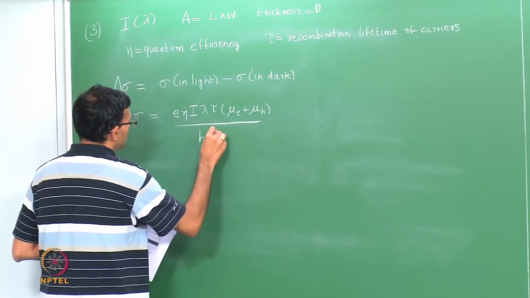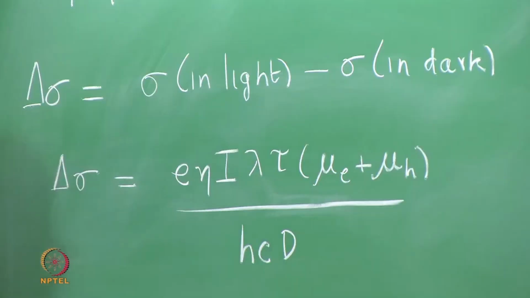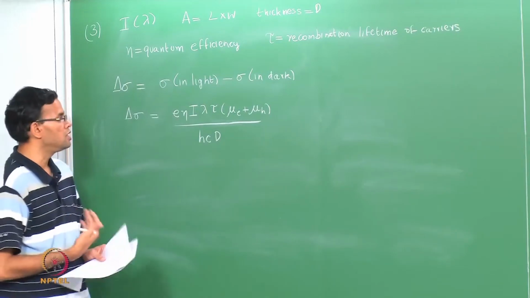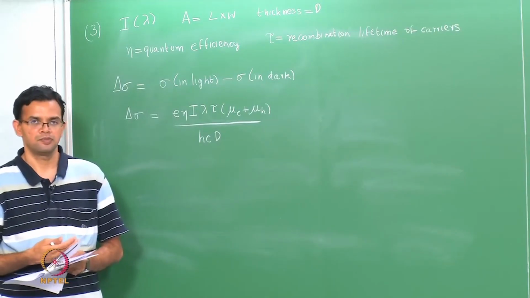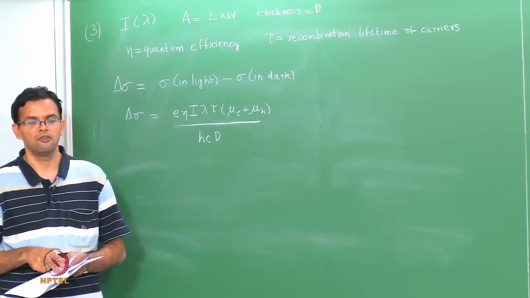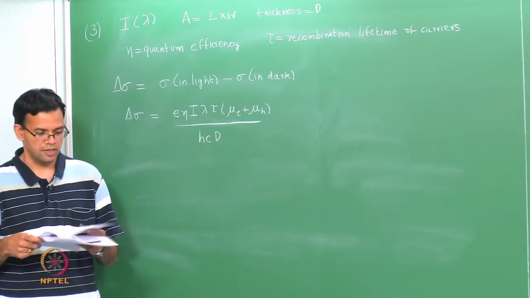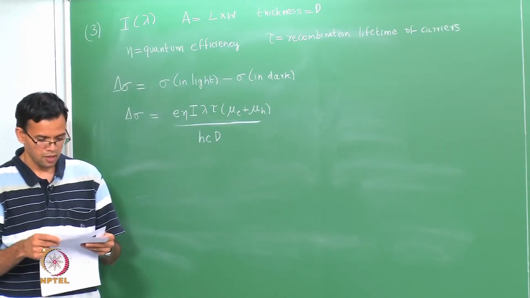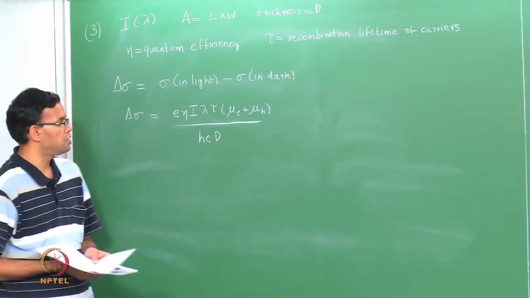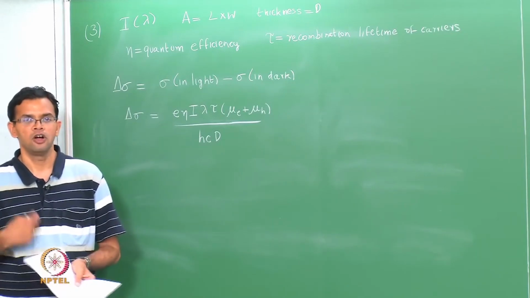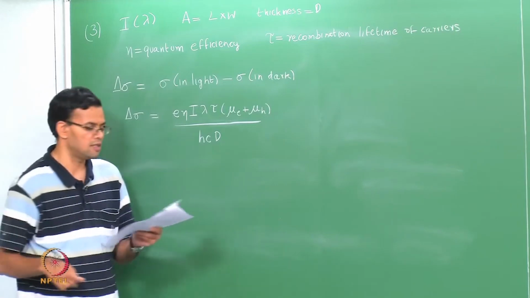over h c D. In some ways problem 3 is similar to problem 2, except that we are using symbols instead of numbers, and in the last part of problem 3 we will plug in some numbers to get this expression. The first thing we need to do is to calculate the photon flux that is incident on the sample.